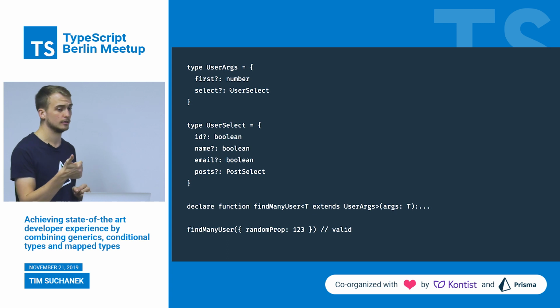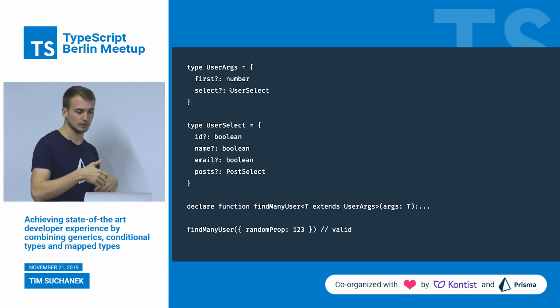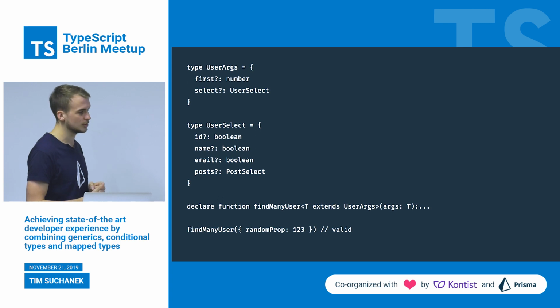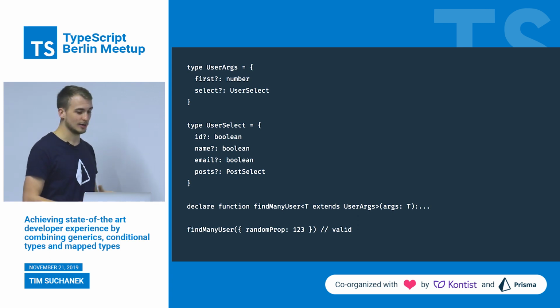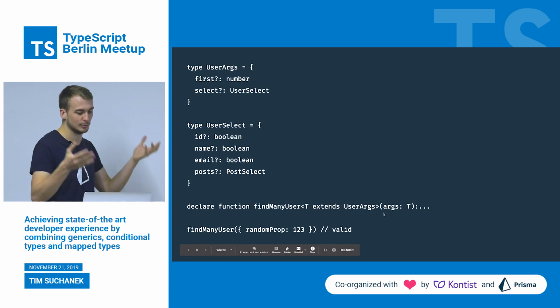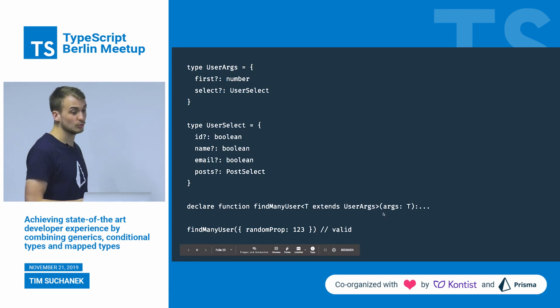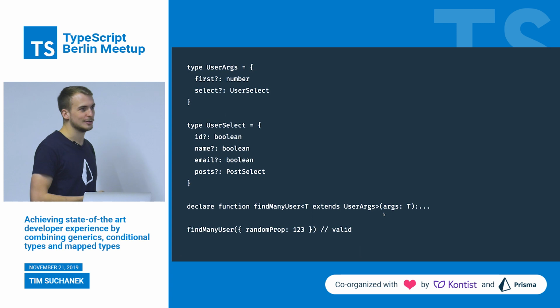First of all, an empty object would correctly inherit from UserArgs, but also an object that is empty, plus it has some other properties on it. That's valid in type inheritance. So what happens now is that users can provide any arbitrary field here, for example, random prop, and it would be valid. And this obviously is not what we want.